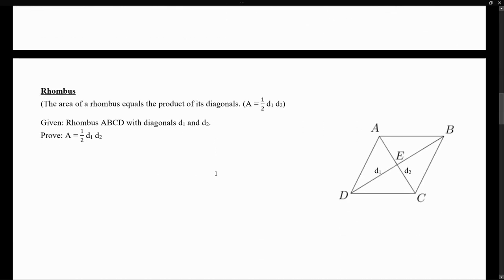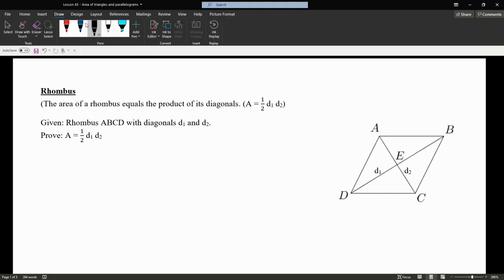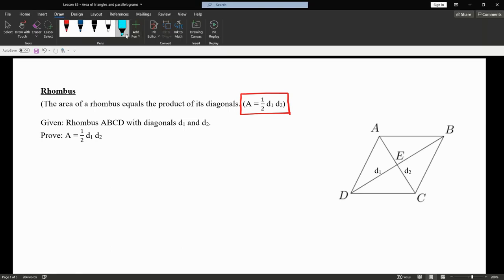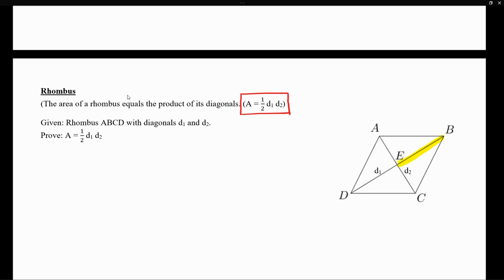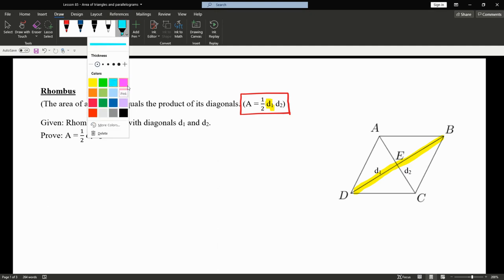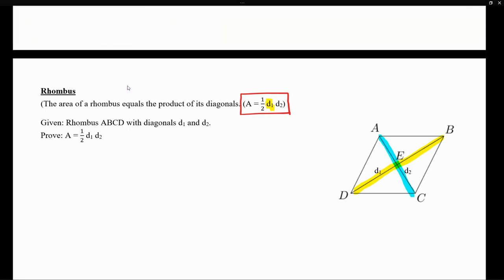The last figure that I do want to discuss is the rhombus. And the way that we're going to be defining the area of a rhombus, we're going to define it as 1/2 times d1 times d2, where d1 refers to the first diagonal of the rhombus, and d2 refers to the second diagonal of the rhombus.